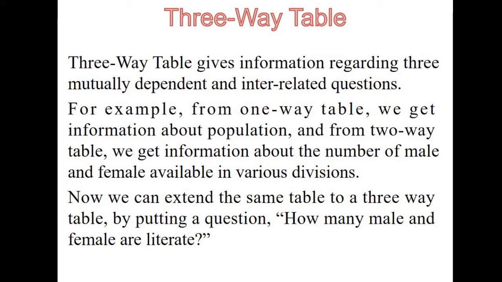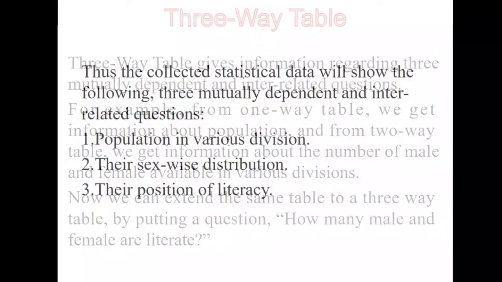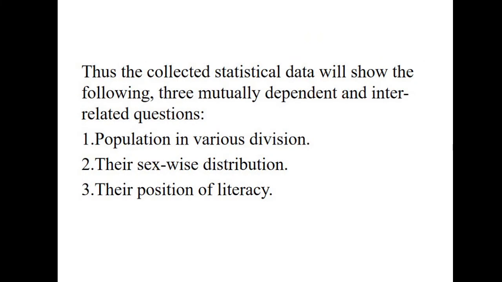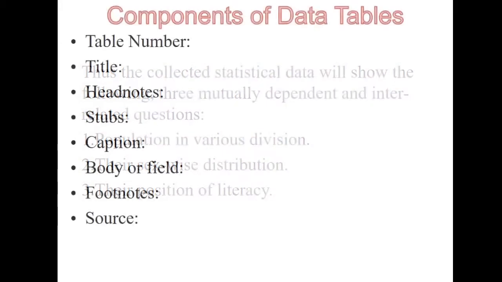In a three-way table, one more piece of information we can get: how many male and female are literate. So, population, male or female, and literate or illiterate. So the three interrelated questions it can answer: population in various divisions, their sex-wise distribution, their position of literacy.